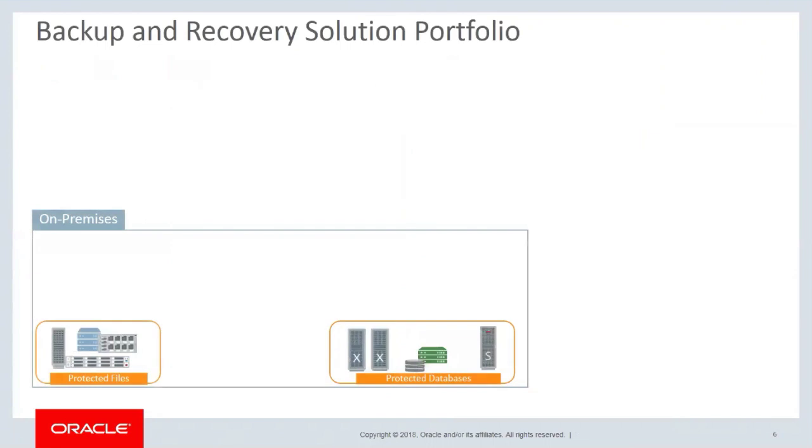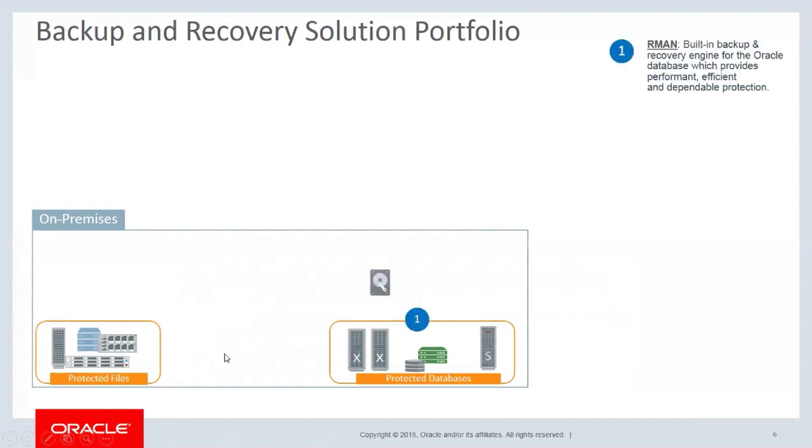Let's look at more details on how the different things work together. Looking at this example, we have on-premises data that we want to protect: databases on any platform, any supported Oracle database, and protected files, meaning generic file systems.